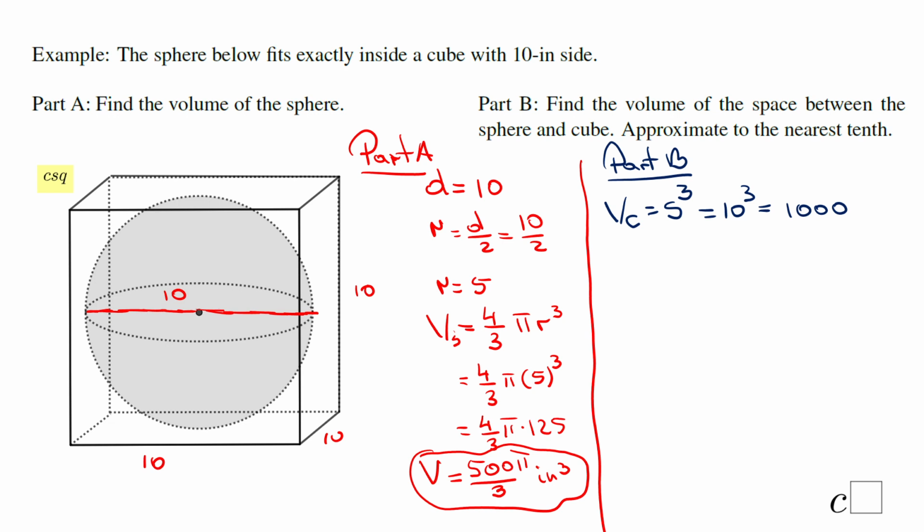And now we can find the volume of the space between the sphere and the cube, and that will be the volume of the cube minus the volume of the sphere. So it will be this 1000 minus 500 pi over 3. So let me put that in the calculator and let's see what we get.